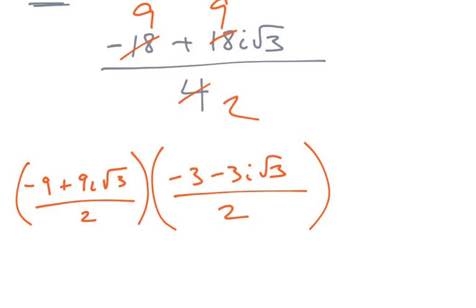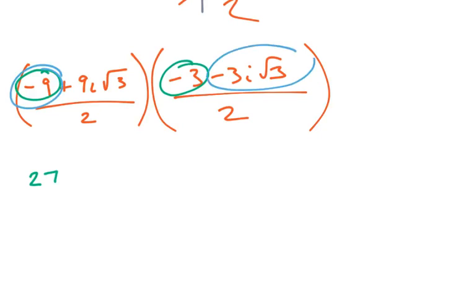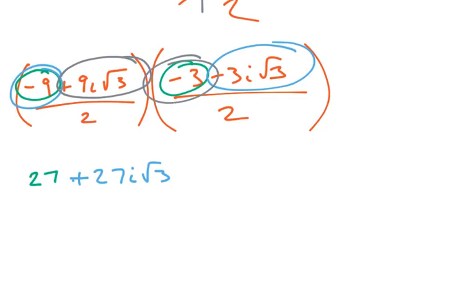Okay, let's keep going. So we're going to multiply this out. Negative 9 times negative 3 is 27. Negative 9 and negative 3i√3 is going to be plus 27i√3. 9i√3 times negative 3 is negative 27i√3.